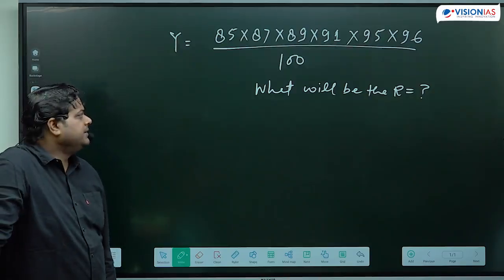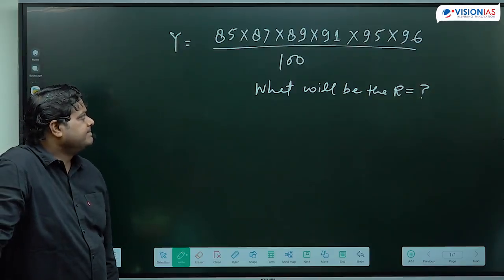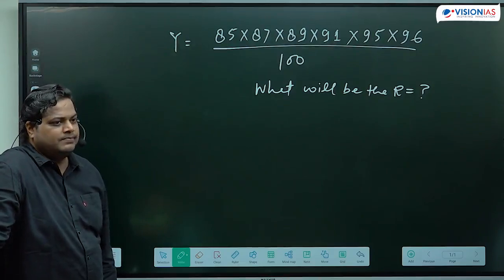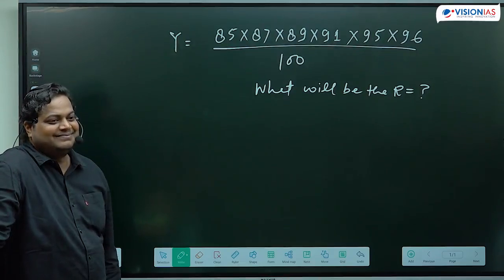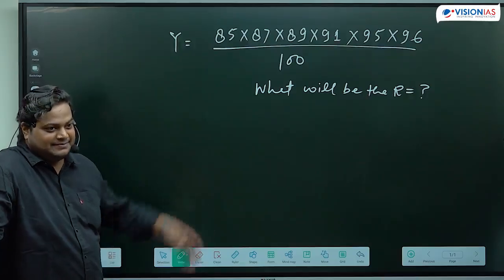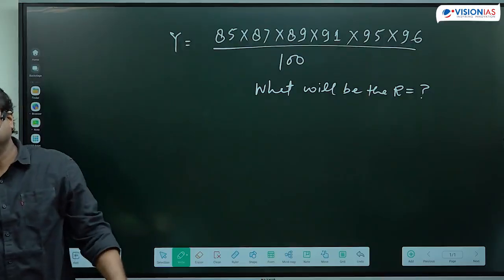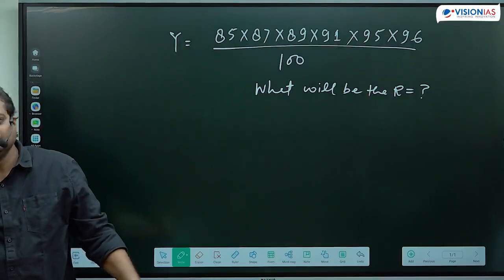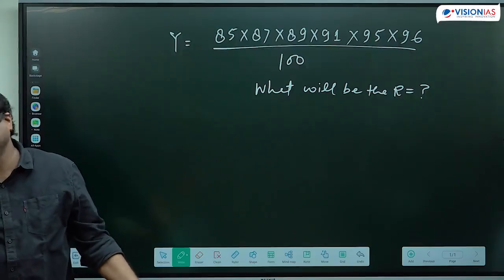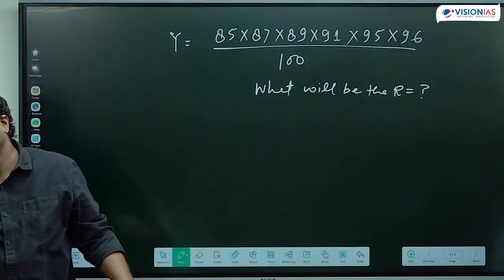What will be the remainder here? कैसे? So unit place पे it is coming 0, but 100 का divisibility rule is 2 zeros.